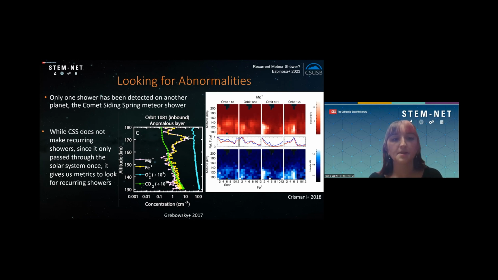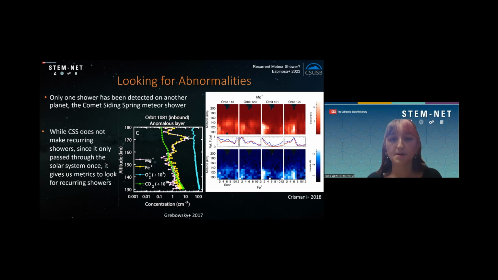So far, Comet Siding Spring is the only shower to be detected on another planet. And Comet Siding Spring doesn't make an annual or a yearly shower like we're looking for, because it only has passed through the solar system once, but we're looking for something that does happen every year.